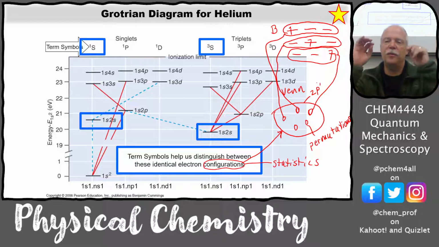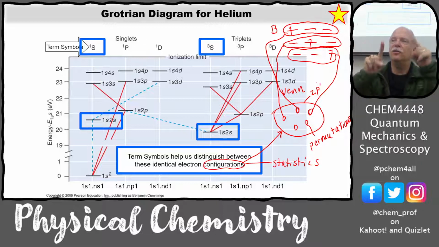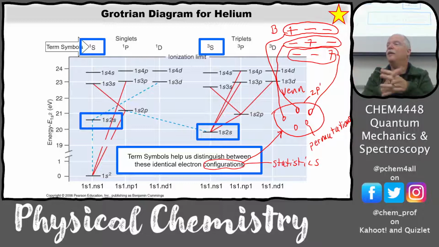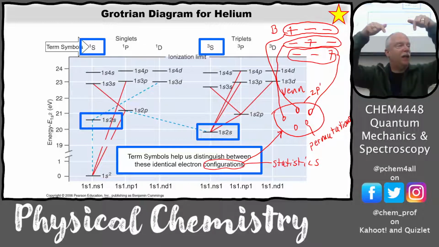Now, some of the books get in there and actually have you draw the little arrows, the up and down arrows, and try to figure out all the permutations, add those up, and get the configuration, okay? I never liked doing it that way because I never knew if I got all the pictures. Now, for boron, it's pretty easy. We have these 3, and then we can have the spin down.